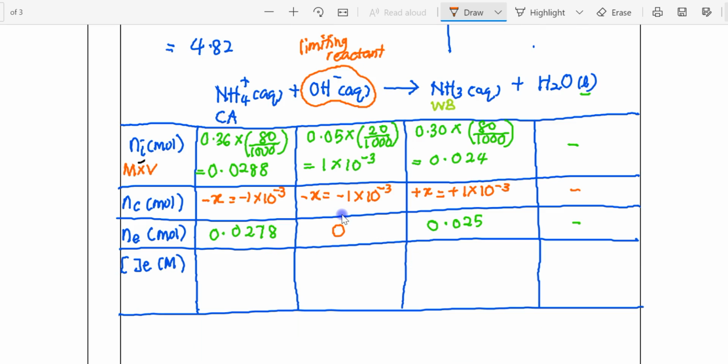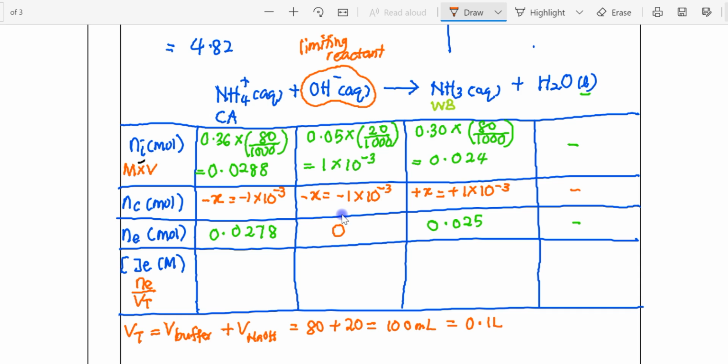Next is concentration at equilibrium. Concentration is the number of moles at equilibrium over the total volume. So what is the total volume? The total volume is the volume of buffer plus the volume of NaOH added. The volume of buffer is 80 ml, the volume of NaOH added is 20 ml. Totaling up, you get 100 ml. Convert into liters, you get 0.1 liter.